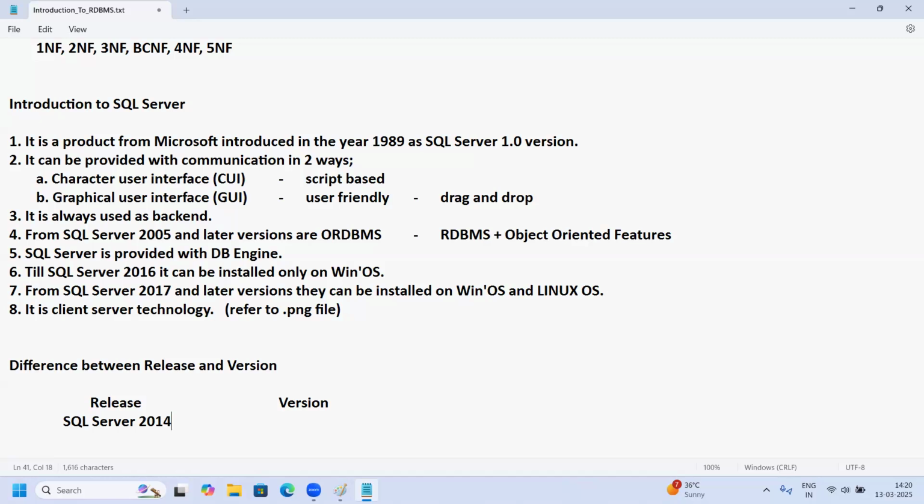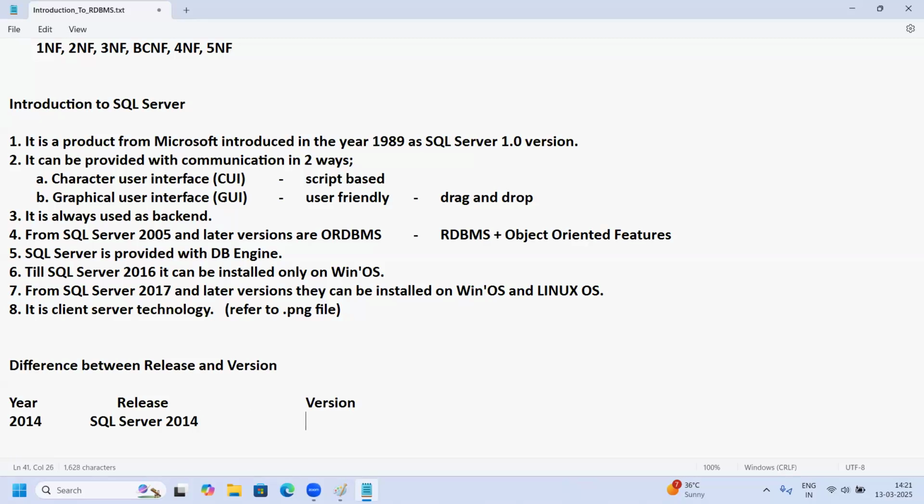It is called release 2014. In the year 2014, SQL Server 2014 was released. Okay. I'll write here also. Year is 2014.